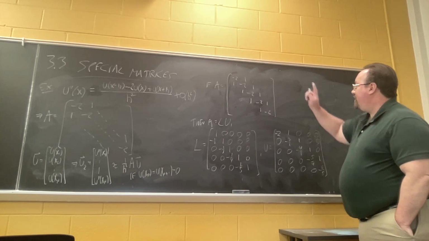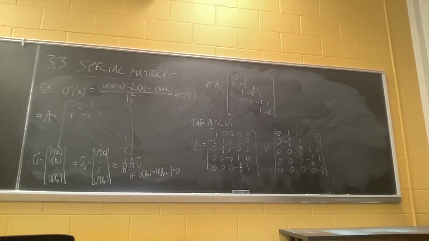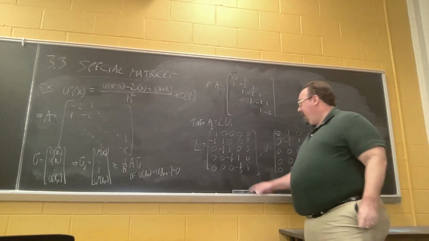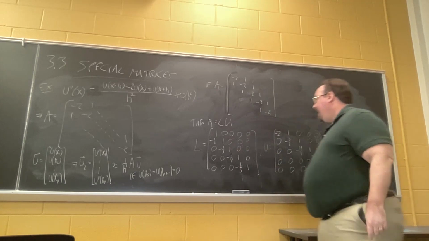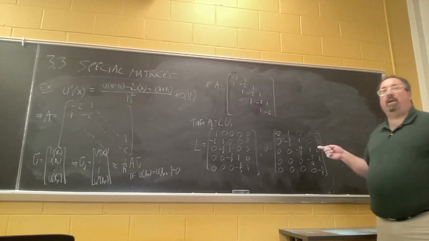Right. So what we see is that A has upper and lower bandwidth of 1, being tridiagonal. And we see that L also has lower bandwidth of 1. And U has upper bandwidth of 1.